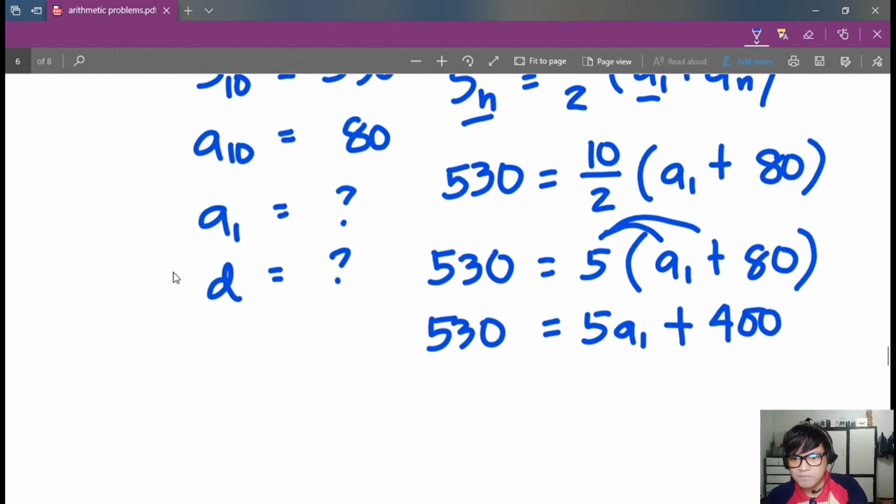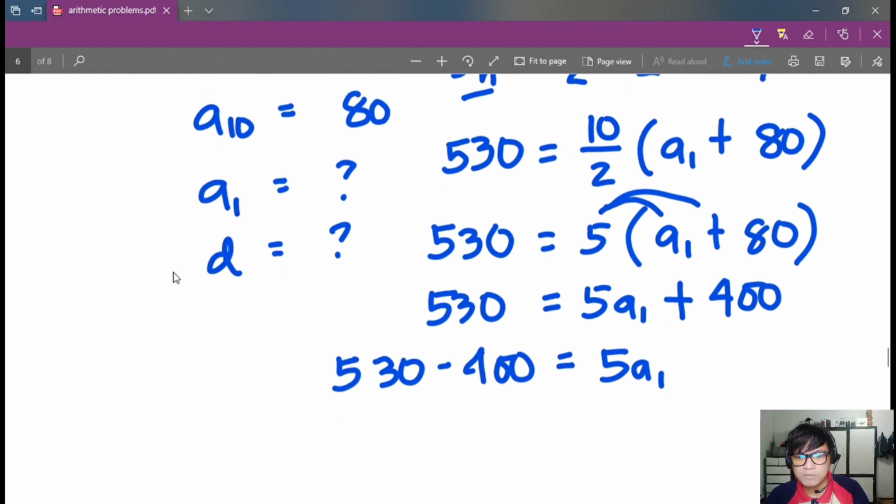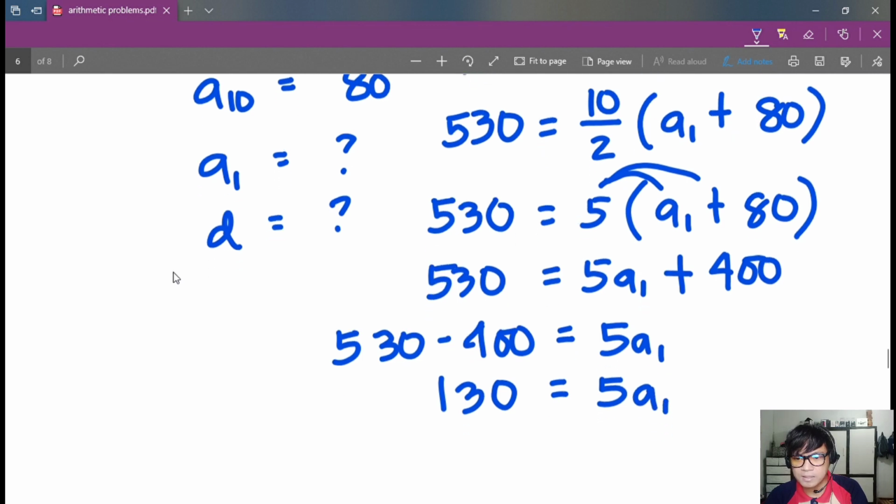So, ilipat natin 400 sa kabila. So, 530 minus 400 is equal to 5 A sub 1. So, 530 minus 400, that's 130, is equal to 5 A sub 1. So, divide natin both side by 5.